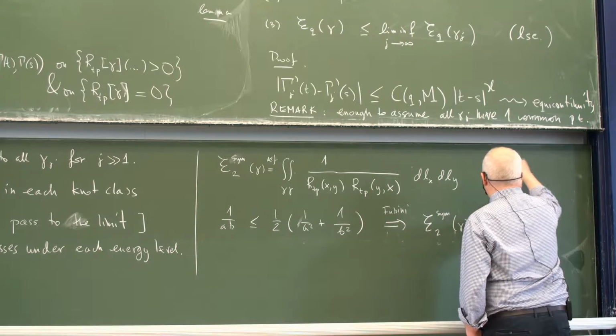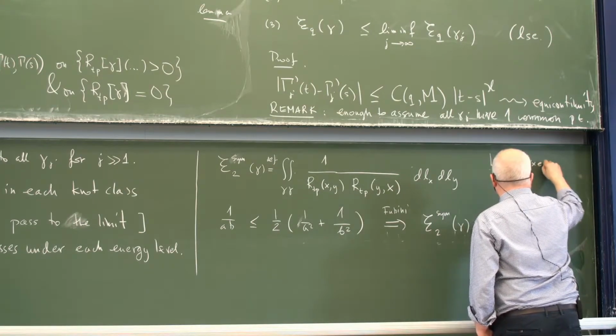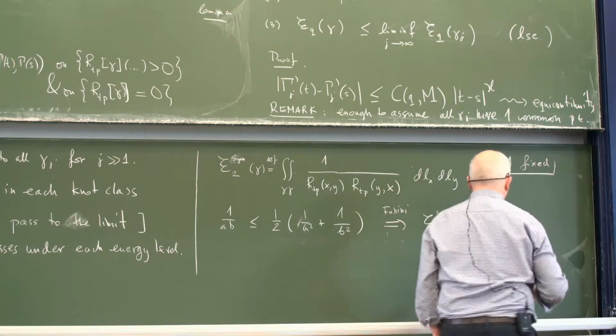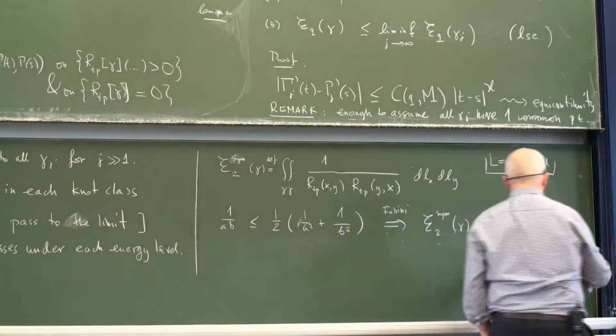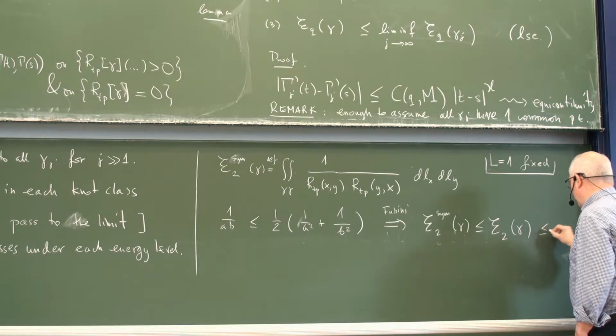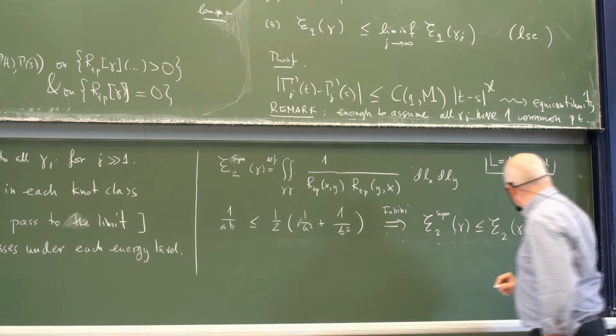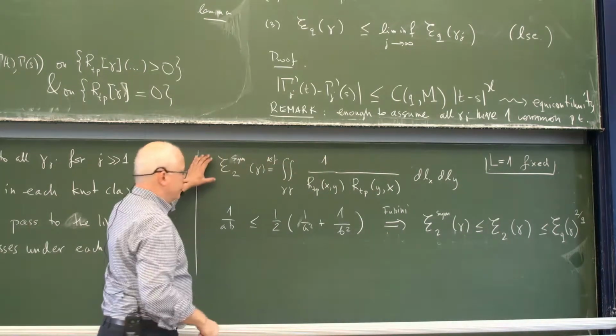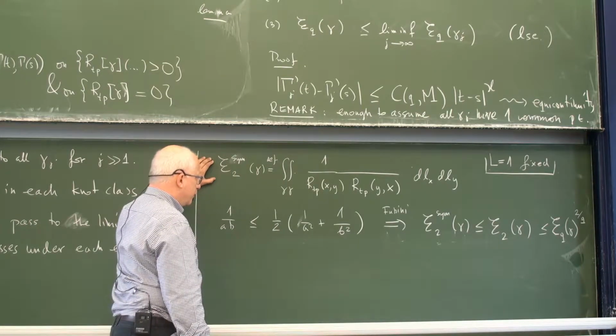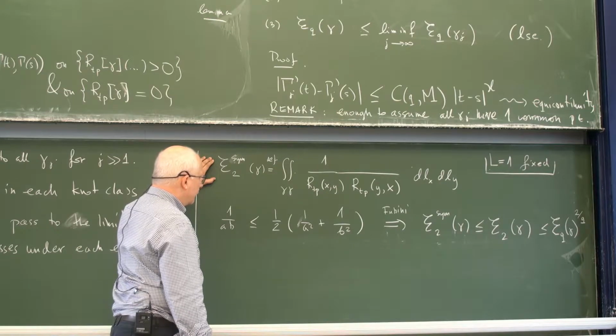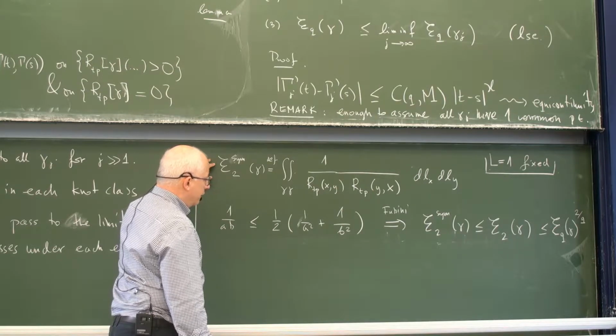Now let me also fix the length to be equal to 1, and then I need to apply the Hölder inequality to see that this is below E_Q of gamma to the power 2 over Q. So this is how these different energies are related, and I'm going to show the inequality between the symmetric version of E2 and the average crossing number.